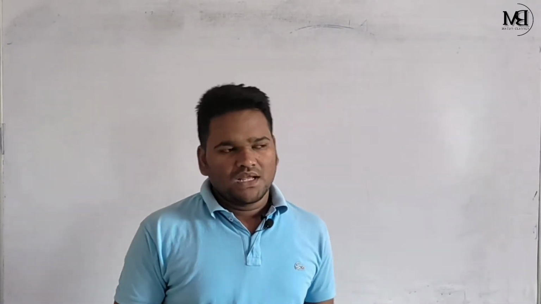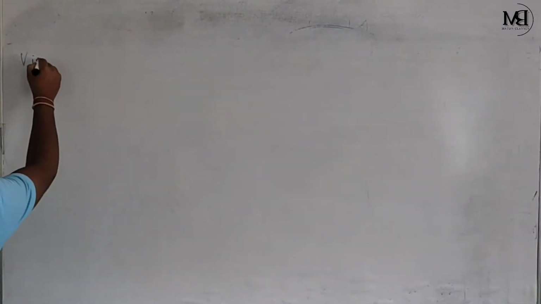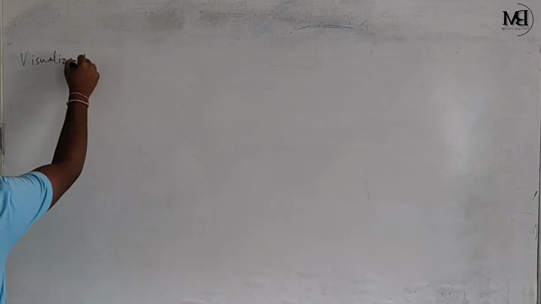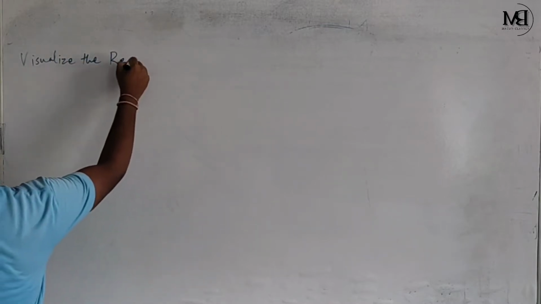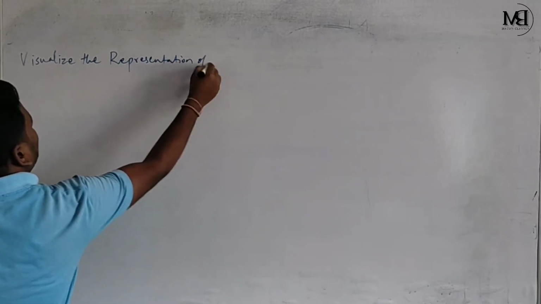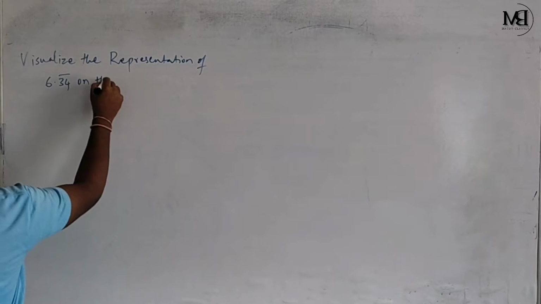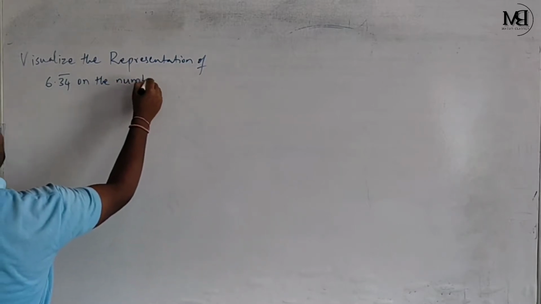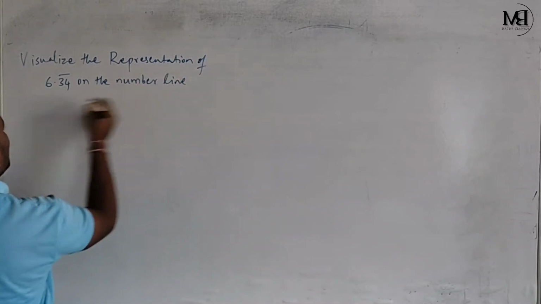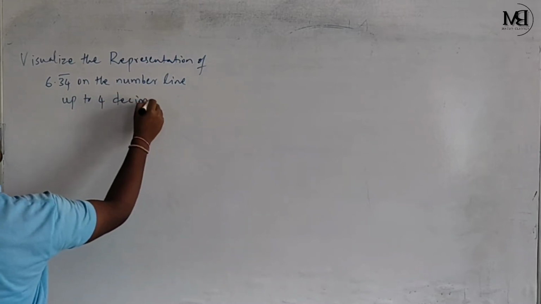Okay. Let's see by one example, that is, visualize the representation of 6.34 bar on the number line up to 4 decimal places.